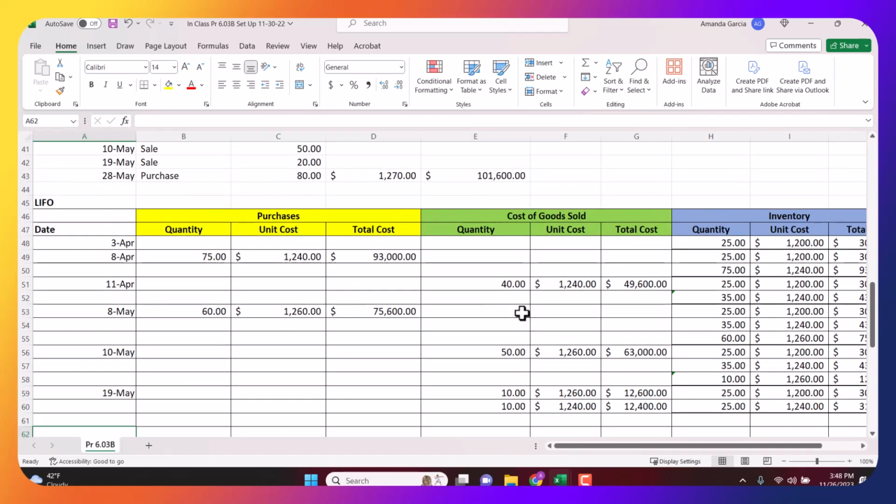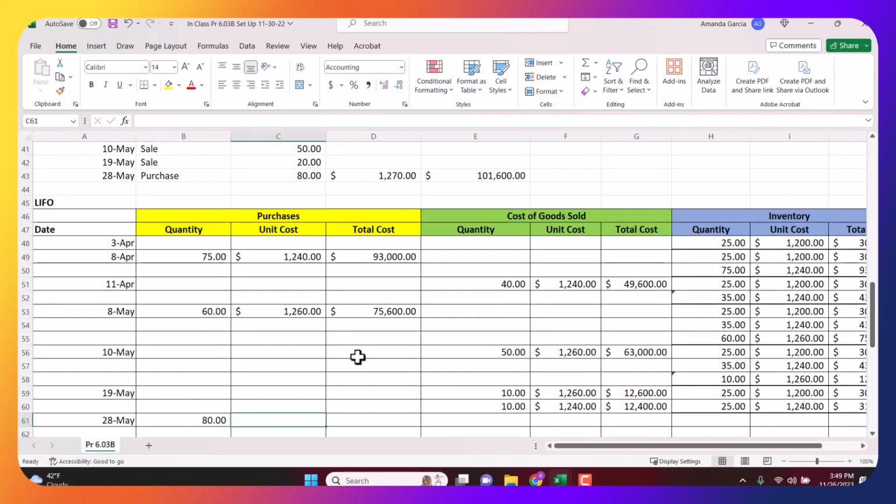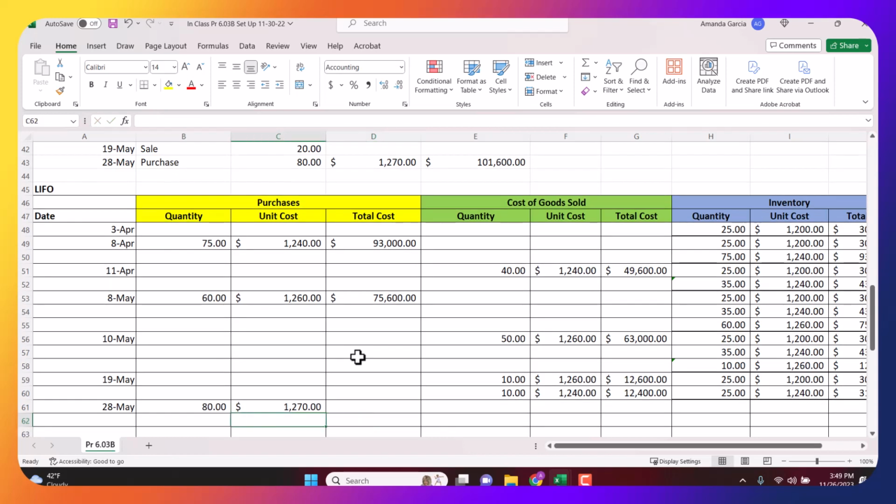And then it says on May 28th, I purchased 80. May 28th, I'm going to purchase 80 units. I'm going to scroll back up so I can see the cost of $1,270 per unit. 80 units, $1,270.